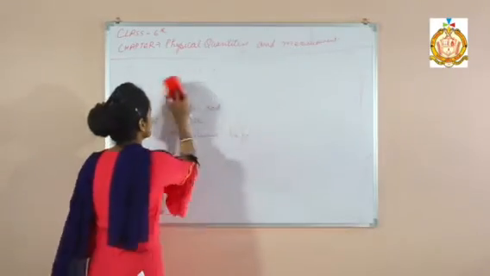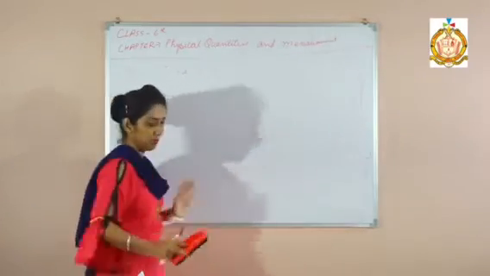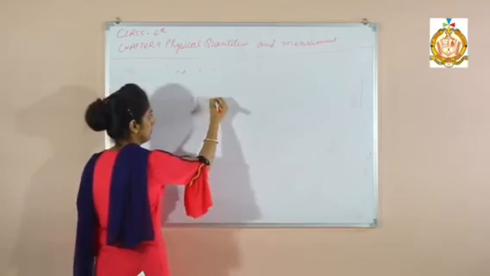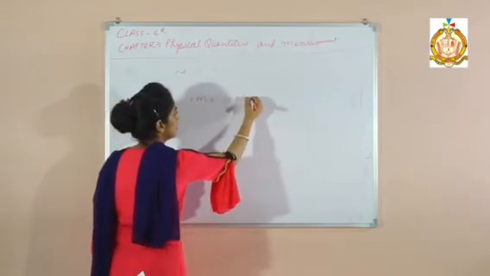Now, one more thing you must remember: 1 meter is equal to 100 centimeters.